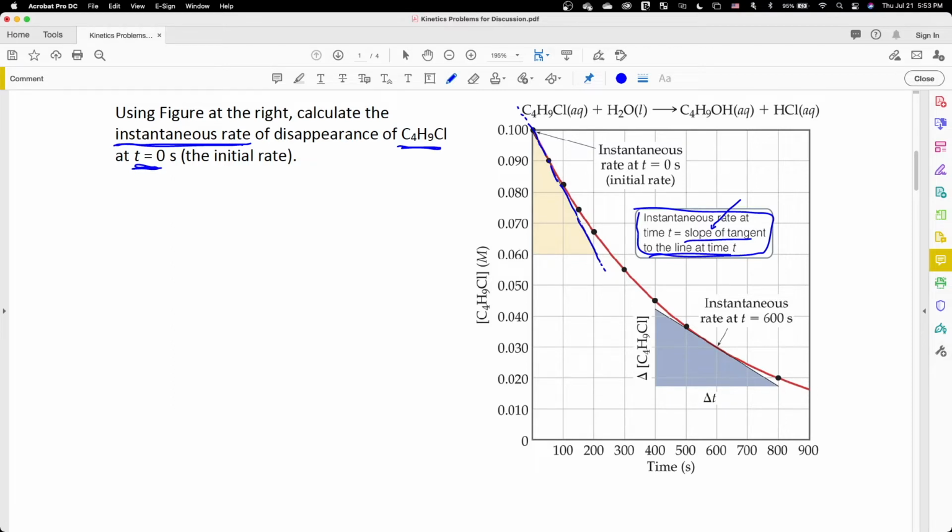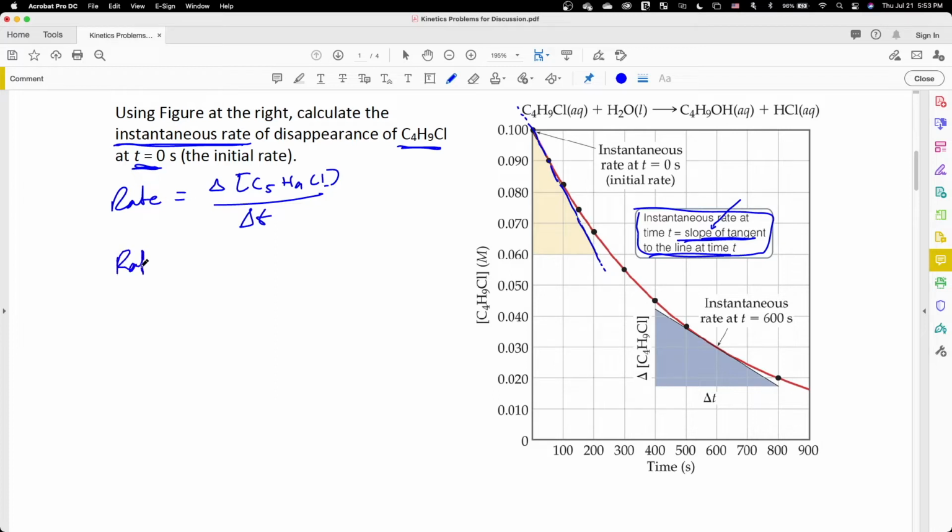If you remember then, rate equals the change in the C5H9Cl over the change in time. But in this case, we're looking for the slope, because it says right here the slope of the tangent gives us the rate, right?